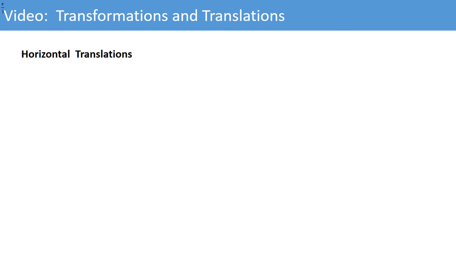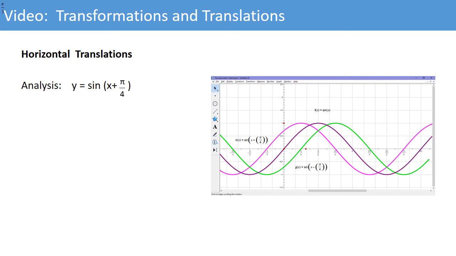Horizontal translations. Y equals sine bracket x plus pi over 4 bracket, shown in the graph by the magenta graph. The value of d is negative pi over 4. Remember the rule, x plus pi over 4 equals 0 gives x equals negative pi over 4.